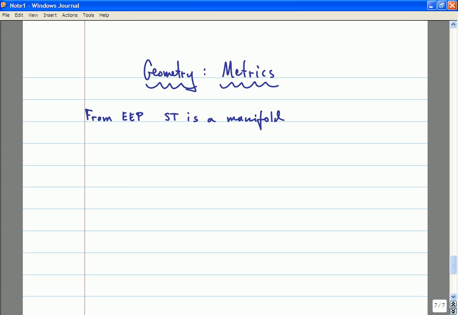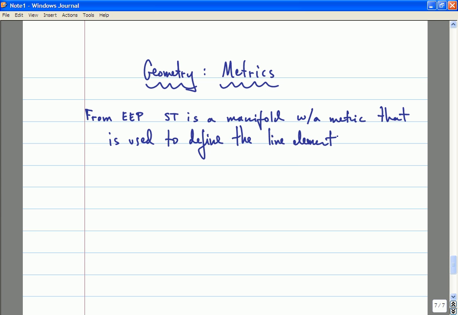And it comes with a metric that is used to define the invariant line element. So the line element, ds, is what you integrate in order to measure the invariant interval along some world line.